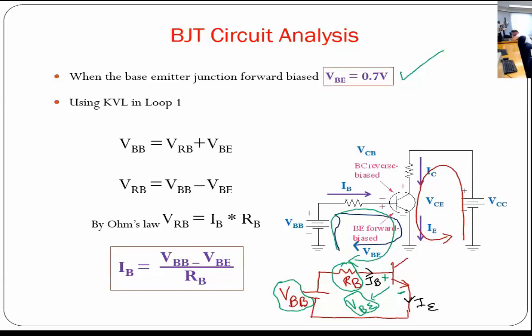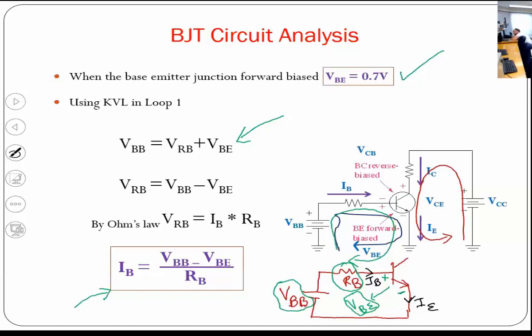If you look at this equation, this is the Kirchhoff voltage law. The total source voltage VBB is equal to whatever the voltage drop on the resistor RB plus whatever the VBE is. If you rearrange all those equations, this is the final equation that we are intended to follow, which should be on your formula sheet as well.